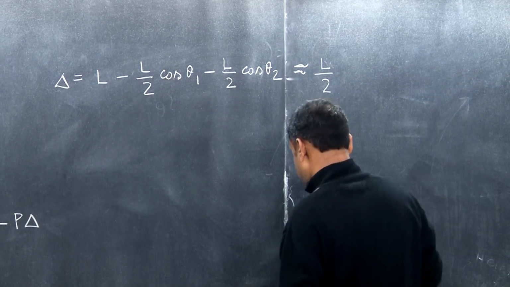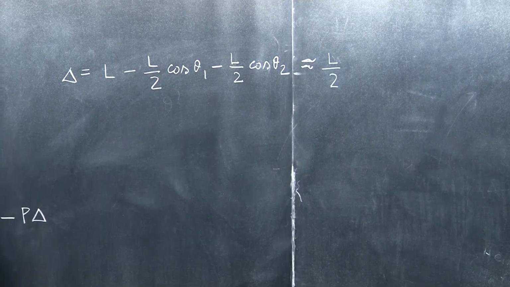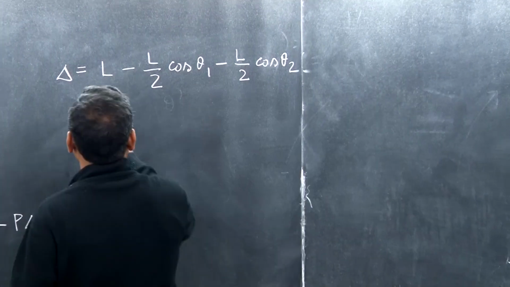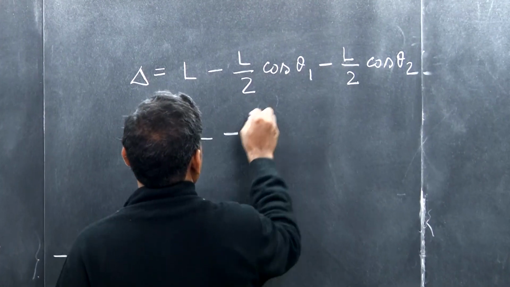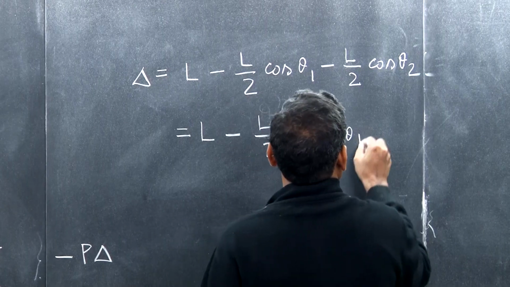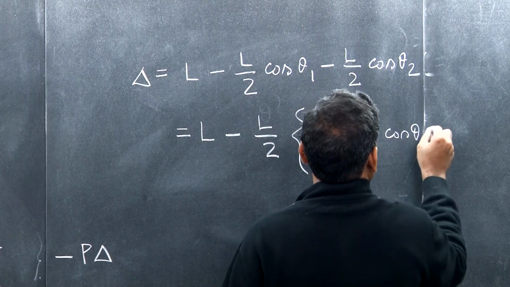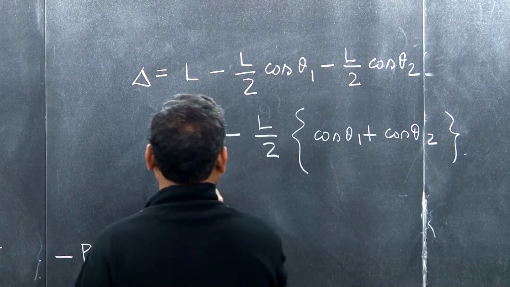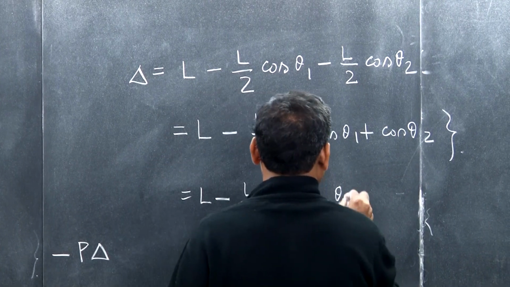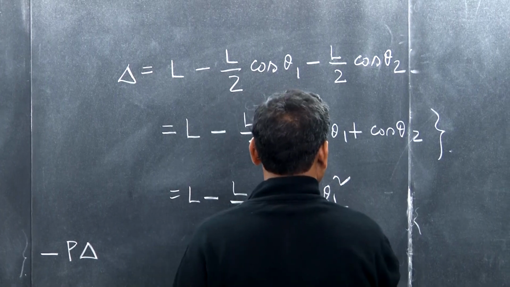So this is L, if you can recall, this we have simplified, and that was L minus L by 2 times cosine theta 1 plus cosine theta 2. That was L minus L by 2 times (1 minus theta 1 square by factorial 2) plus (1 minus theta 2 square by factorial 2).